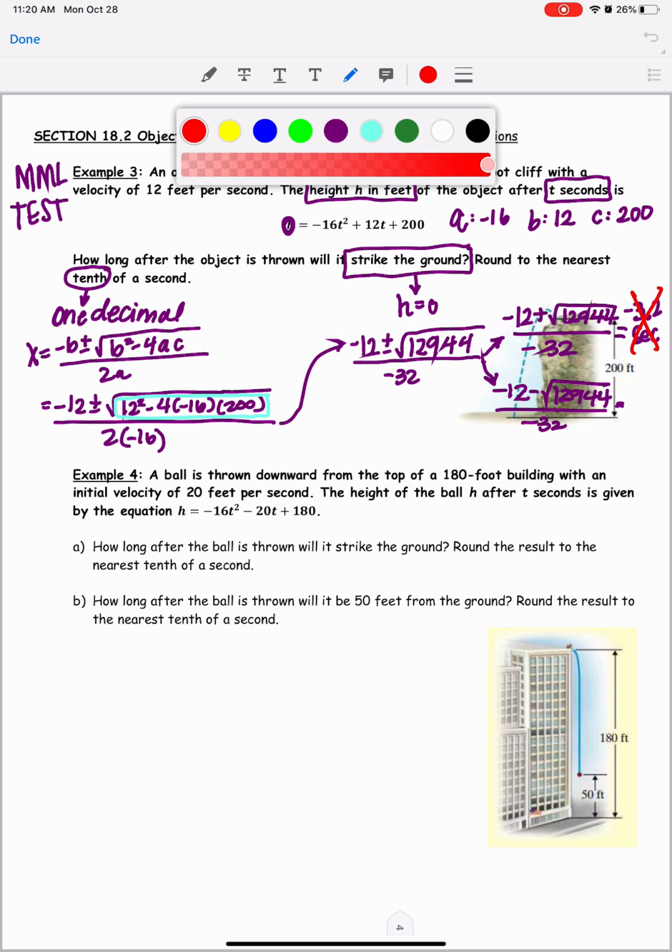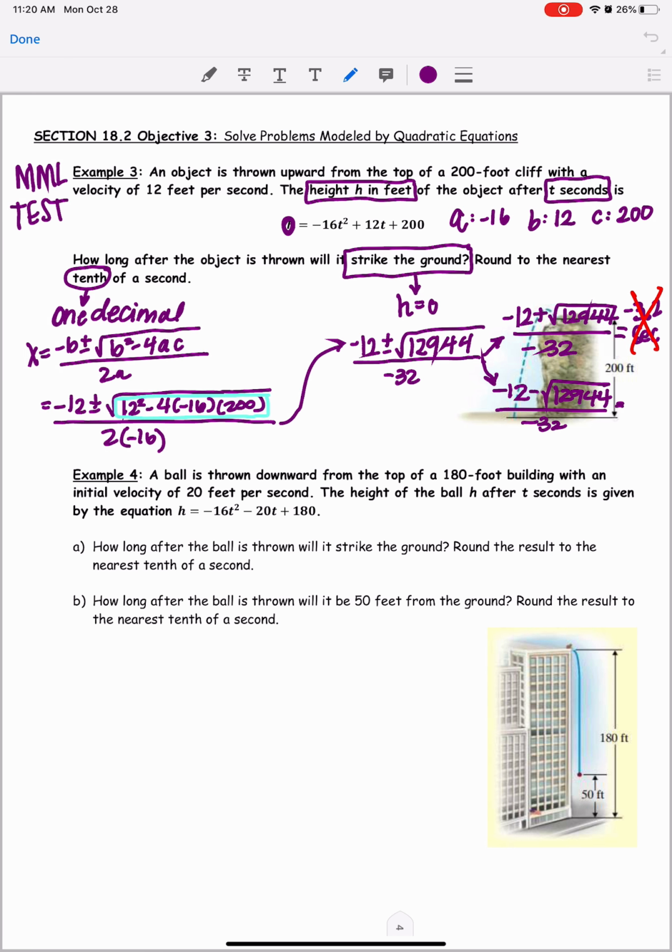So that means we need to go to the next one. So negative 12 minus the square root of 12,944 is negative 125.77 and some junk. Divide that by negative 32, and we get 3.9 seconds.